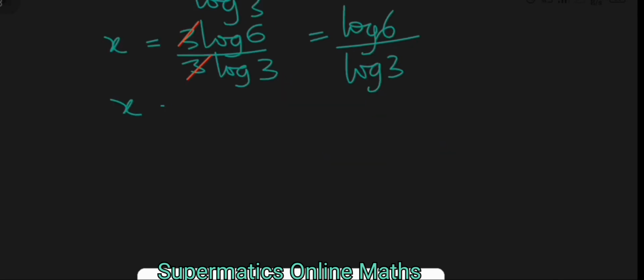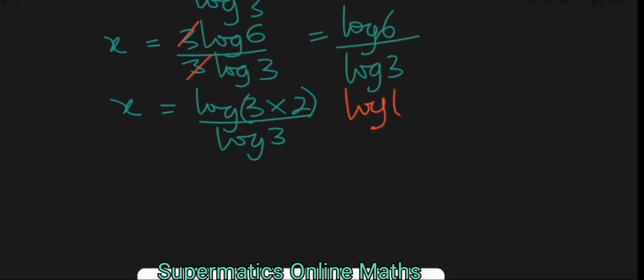Then we write log 6 as the product of 3 and 2 over log 3. And from another law of logarithms, when we have the log of a product, log a times b, it is the log of a plus the log of b, that is the sum of their logs.